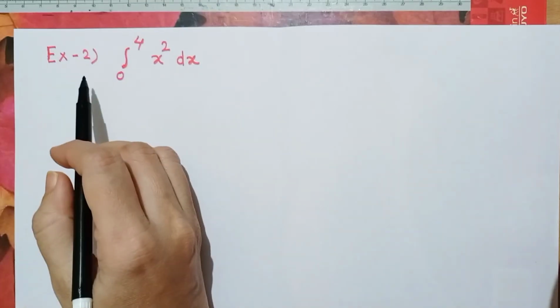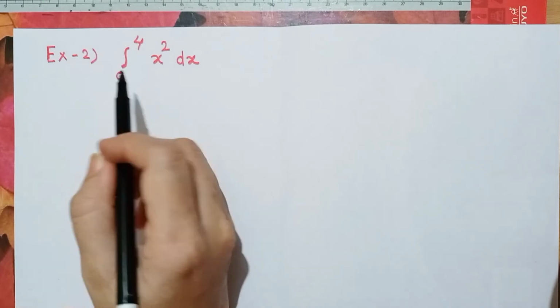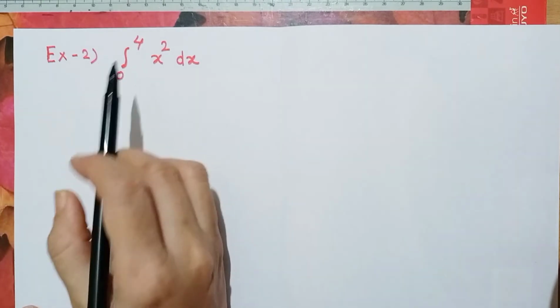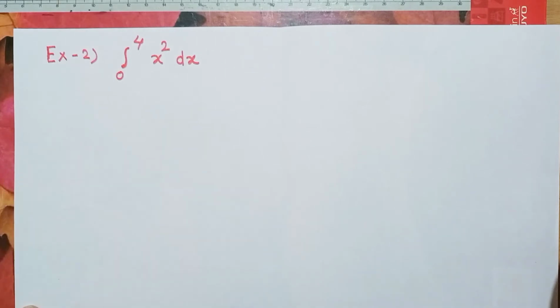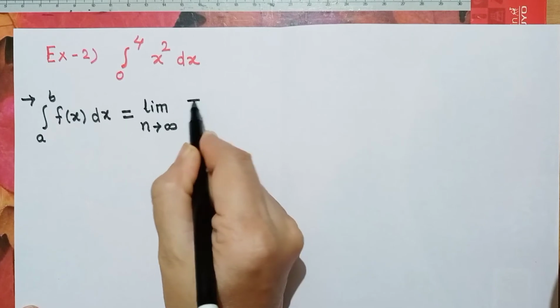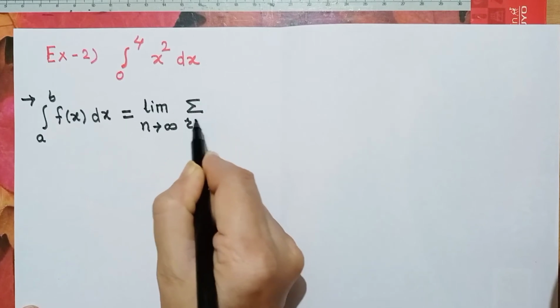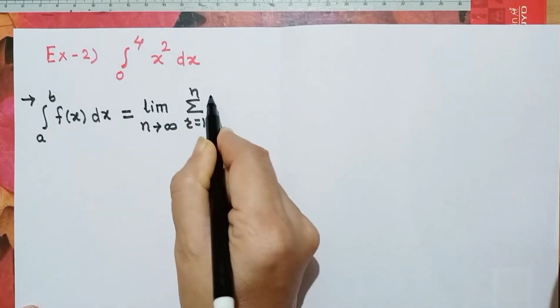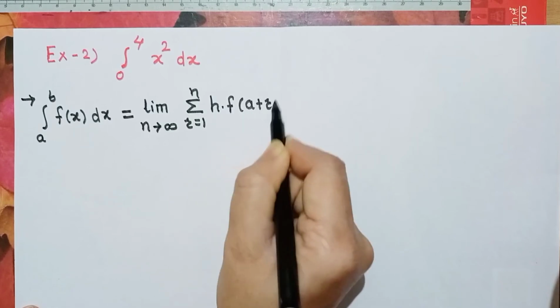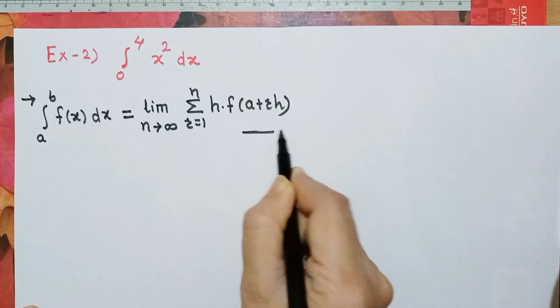This is our second example, integration 0 to 4 x square dx. So first we will write the formula for definite integration. Limit n tends to infinity, summation r running from 1 to n h into f of a plus rh. Say this is equation number 1.